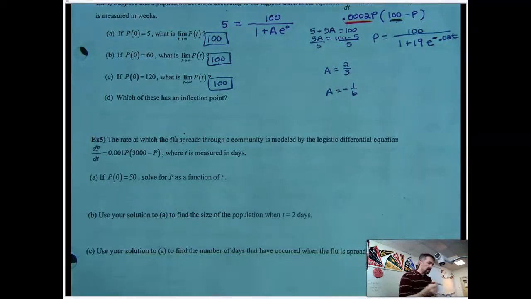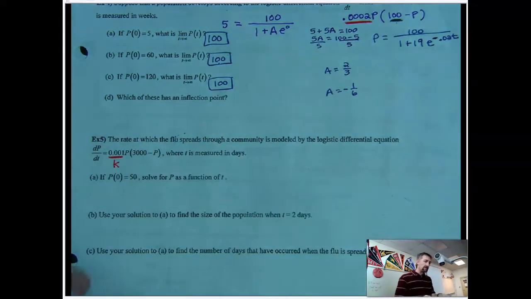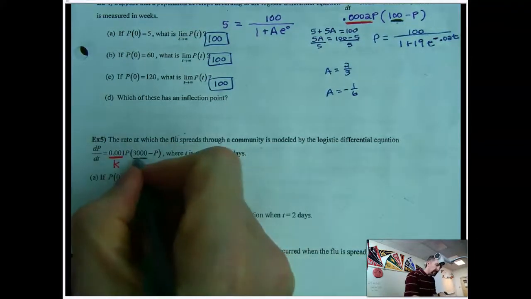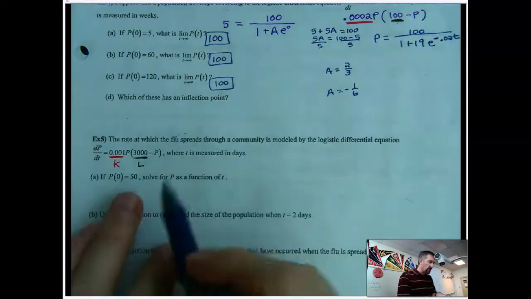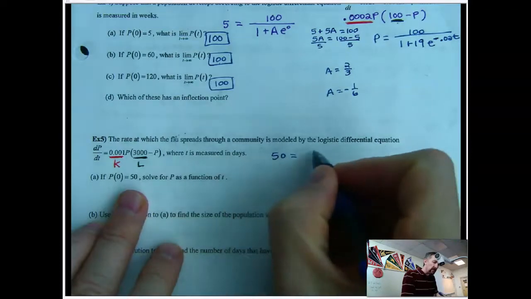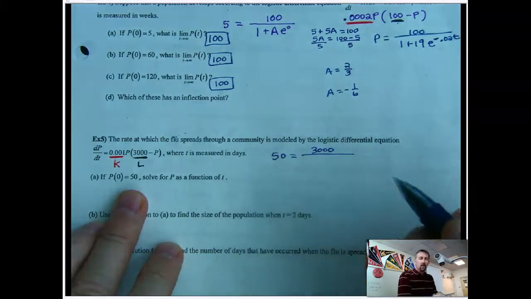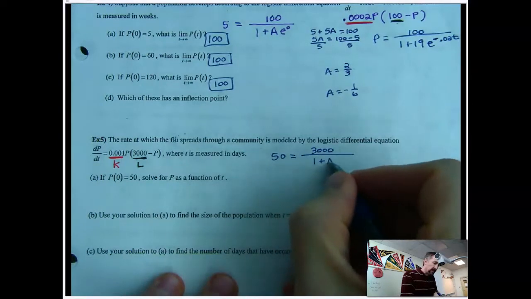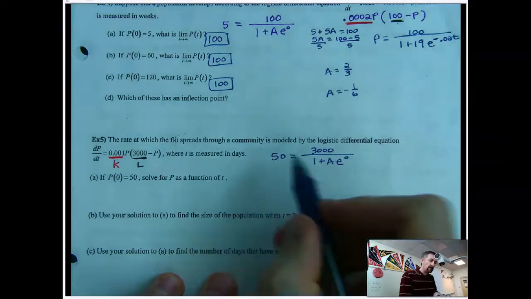So here is our K. And here's our L. So 50, so that's going to be 50 equals, L is 3,000, so that's going to be 3,000 over, and then we're going to have 1 plus A e to the 0 again.